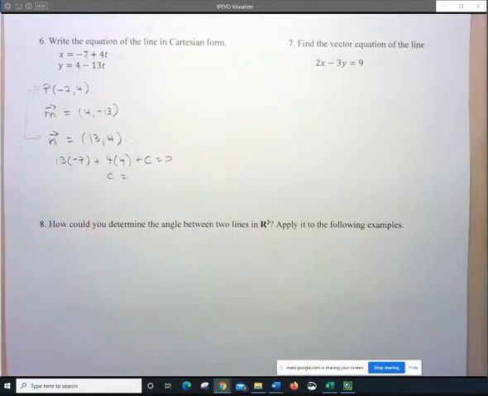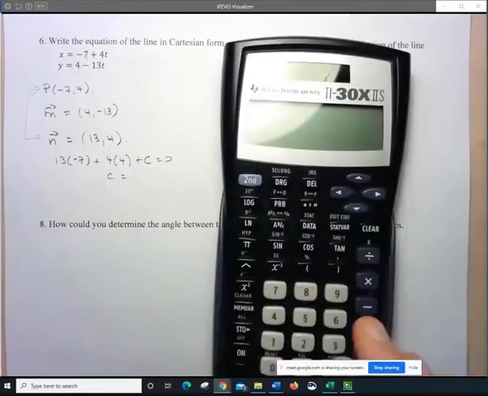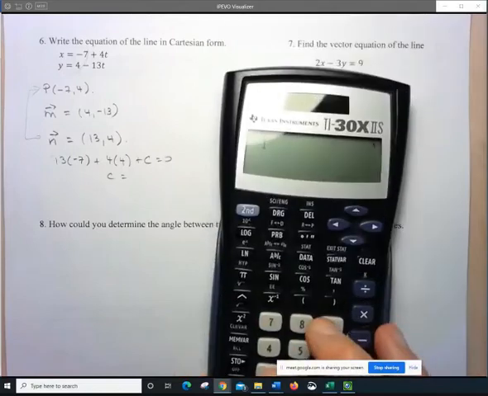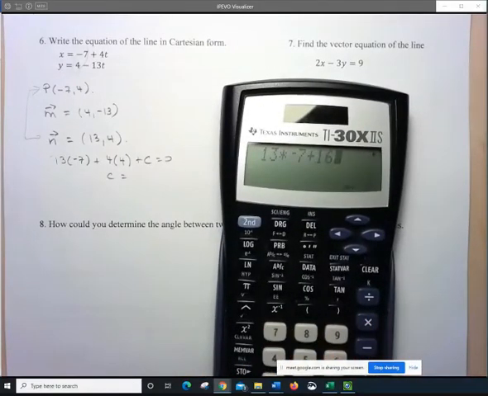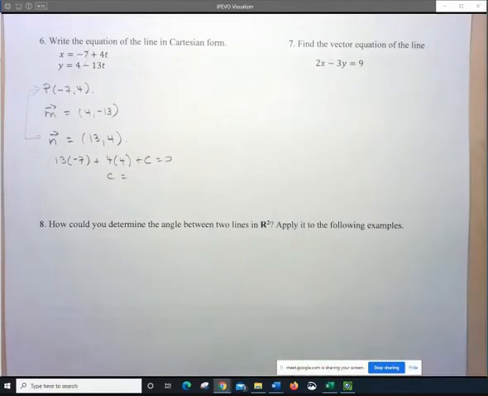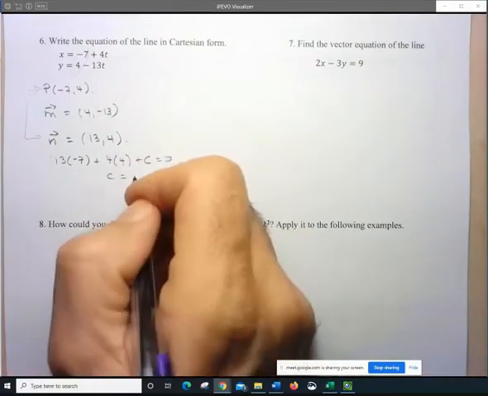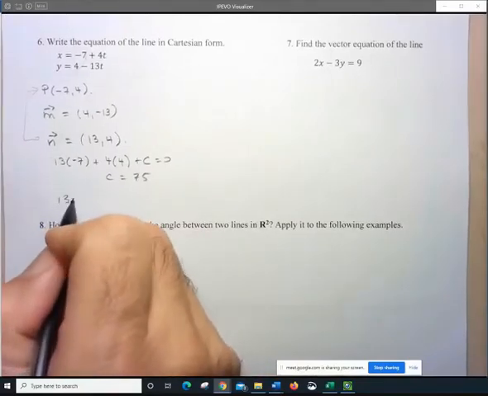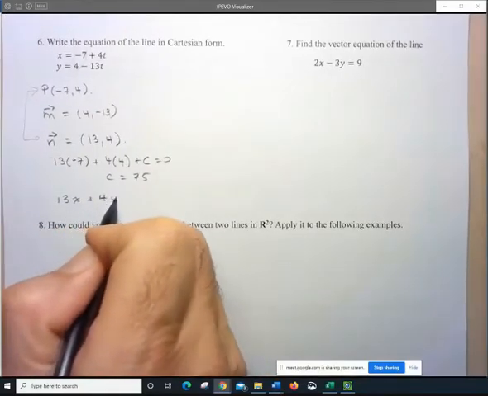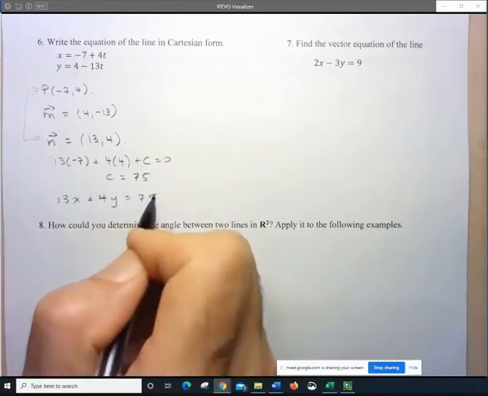I'm not going to bother doing this in my head, even though we should certainly be able to. 13 times -7 plus 16 is equal to -75. Bring that to the other side. So 75. So what's my final answer? 13x plus 4y equals 75. Okay.